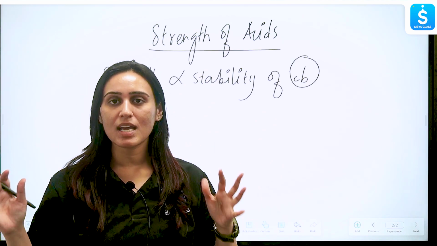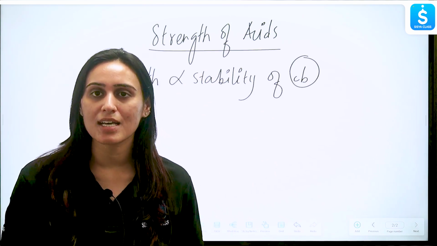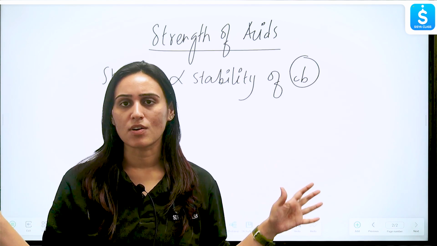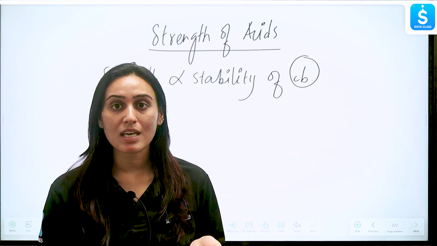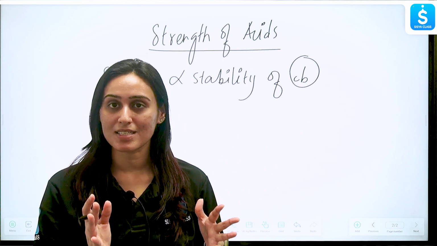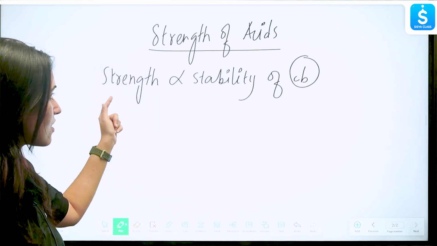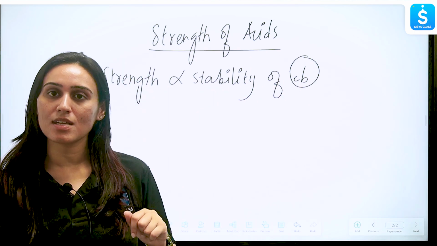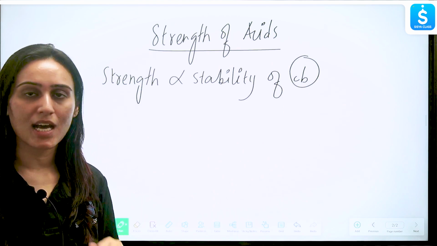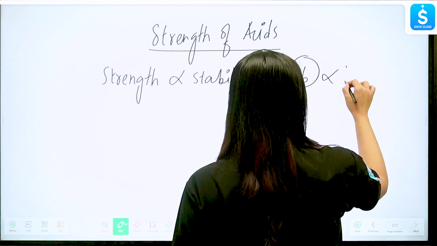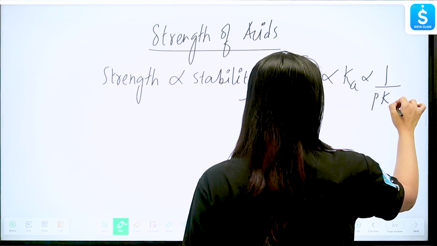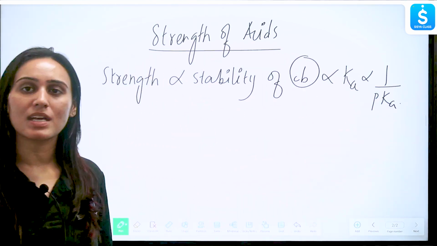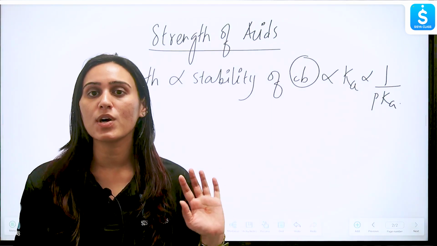So anytime they ask you to compare the strength of the acids, arrange them in increasing or decreasing order, compare their Ka value, compare their pK value, you have to follow the exact same thing. The strength of the acids will depend upon the stability of the conjugate base. If they ask you the order of Ka, you have to follow just that. If they ask you their pKa value, arrange them on the basis of their pKa value, we are just going to reverse the order.